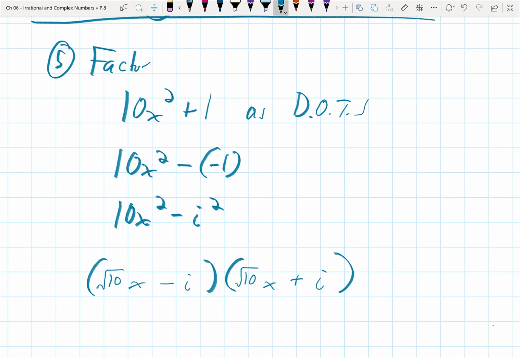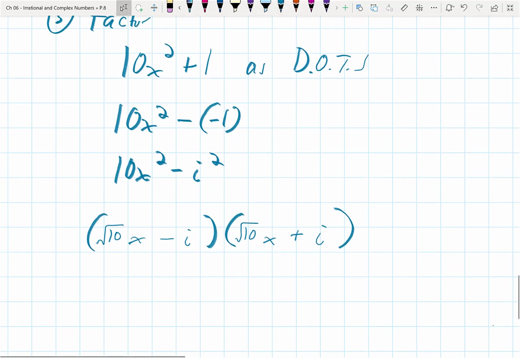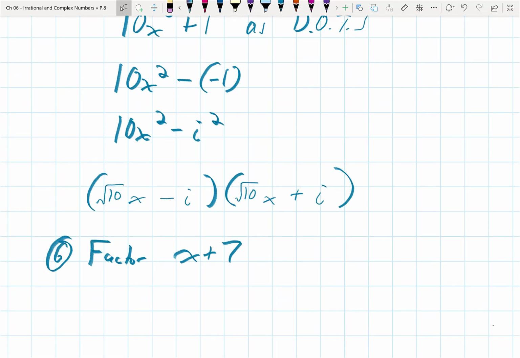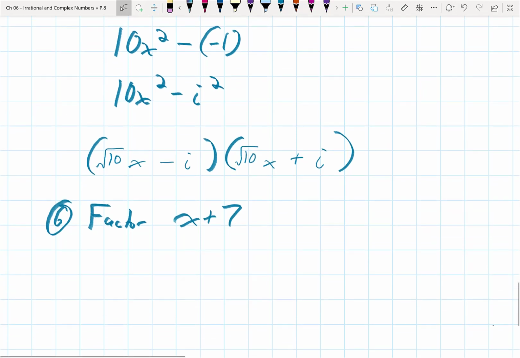Every single binomial can be factored as a difference of squares, and I'll prove that to you with an even more extreme case. We're going to factor x plus 7. Just a simple, regular binomial that by no means should factor, but think about this like you're revealing a deeper layer of this. I'm going to write this as x minus 7i squared.